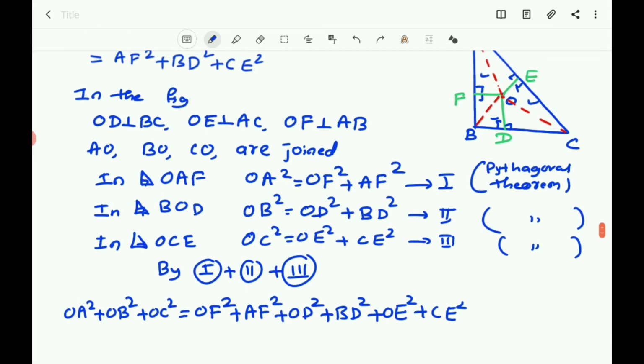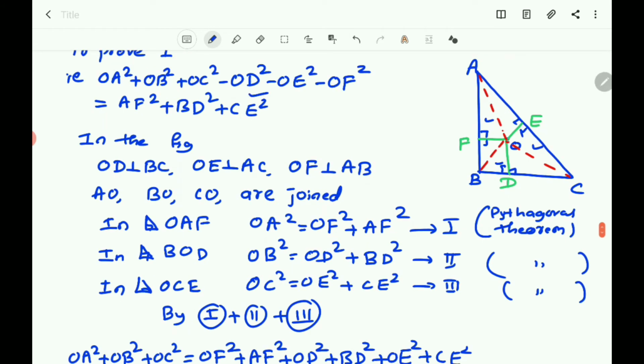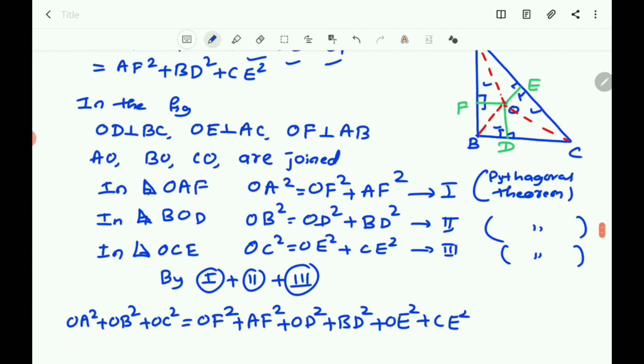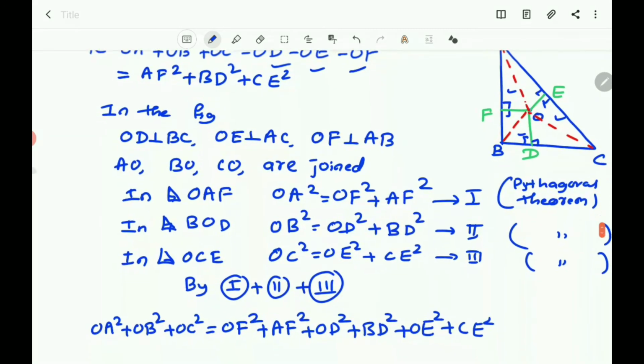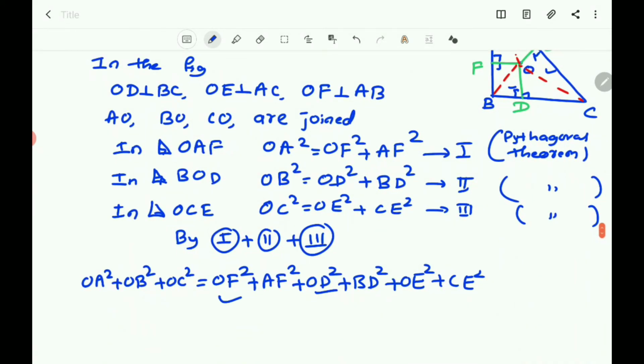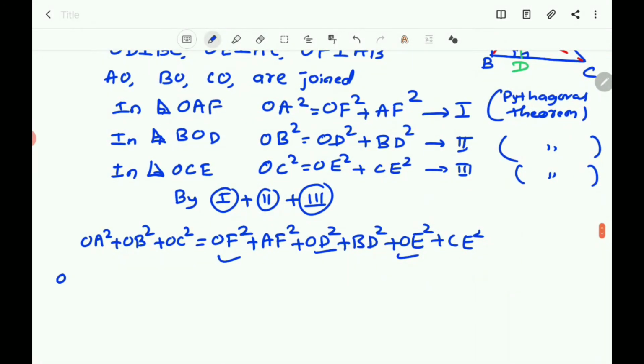Here, what we have to prove: you must transfer OD square, OE square, OF square to the LHS. So OA square plus OB square plus OC square minus OD square minus OE square minus OF square is equal to what is remaining in the RHS.